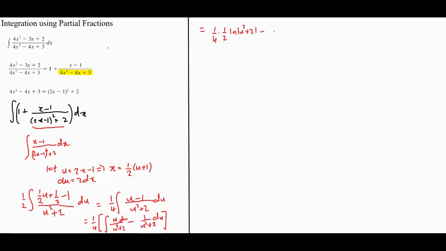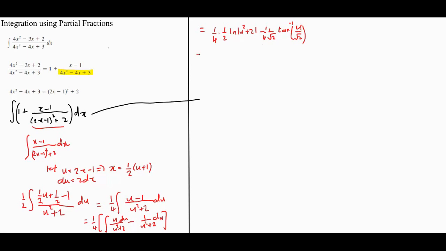And then you're going to have minus, and if you remember, that's the same as the tan inverse we did before, except this time you've got 1 over root 2. So a is square root 2, so you get 1 over square root 2 tan inverse of u over root 2. Don't forget the 1 over 4 over here.